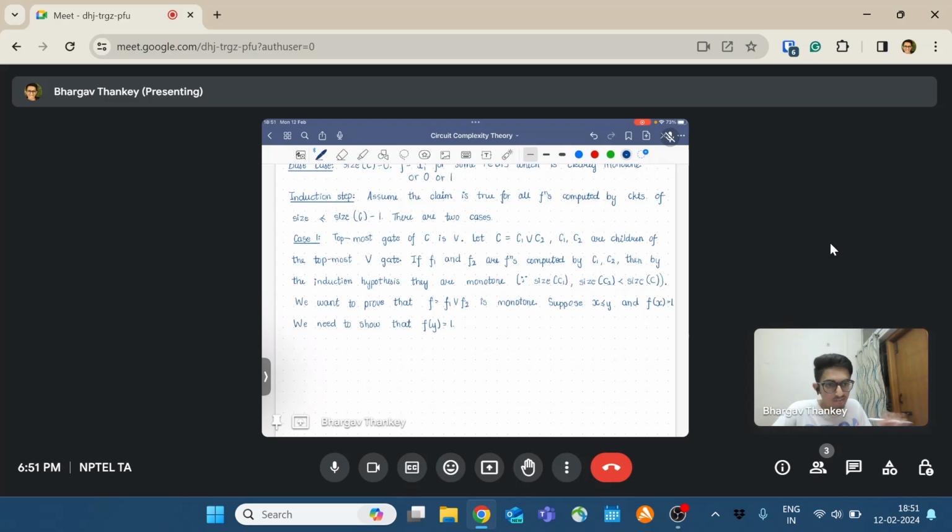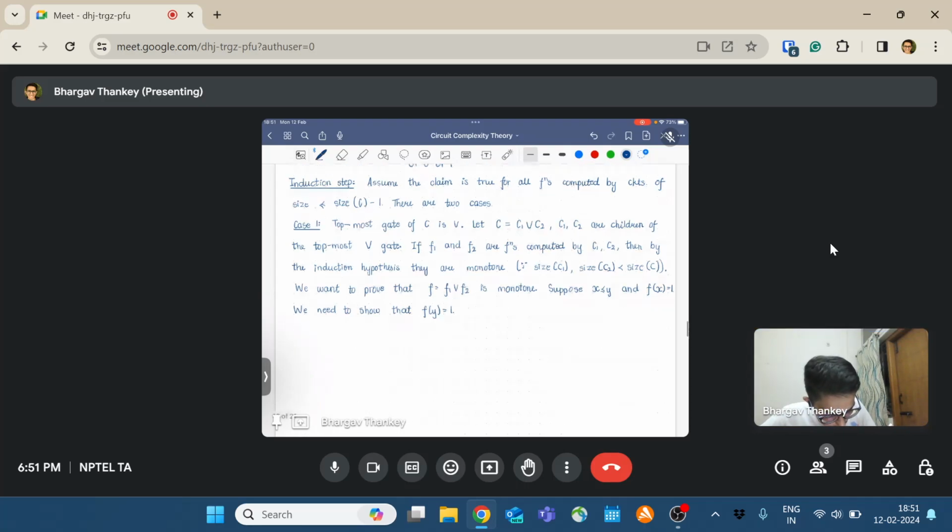So f of x being 1, what does that mean? Either of them is 1, at least. So f of x equals 1 implies f1 of x is 1 or f2 of x is 1, right?